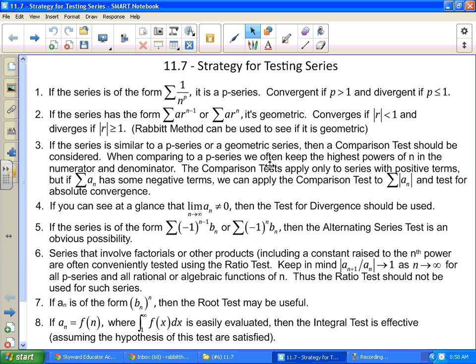And if you look back at the comparison test, it says it's for series with positive terms, right? So here it says the comparison test applies only to series with positive terms. But if it has some negative terms, you can apply the comparison test to the absolute value of it and test for absolute convergence. Because what do you know if it's absolutely convergent?